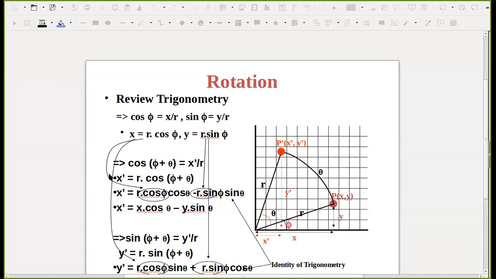So x dash has x and also y, and y dash has y and also x. Same things, but cos is with x in x dash, while in y dash cos is with y. So it's a trick to remember that x dash equals x cos theta minus y sin theta, and y dash equals y cos theta plus x sin theta. Okay, clear?